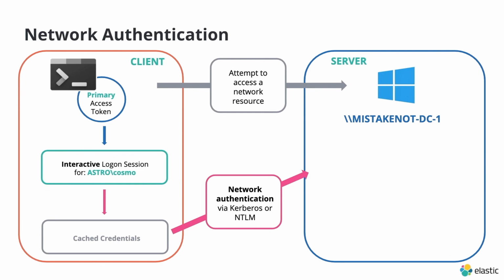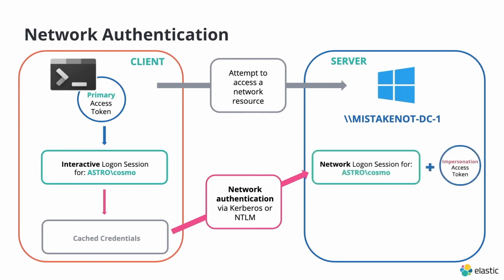From the server perspective, it's again produced with two key artifacts. It gets a logon session and a token. There are a few key differences here, though. Note that this is a network logon session, which means it represents a remote client. And secondly, there are no credentials backed up by this. And this is typically what's known as the double hop problem. So you can't authenticate off that box to someone else because there are no credentials there.